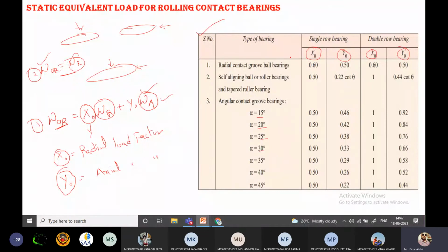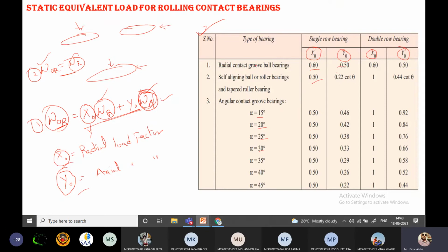This table is very important for solving for the WR value when WA is given. WR is anyhow given in the question, but WA is given separately. So we select this equation, and while solving, these X naught and Y naught radial load and axial load factors are necessary.